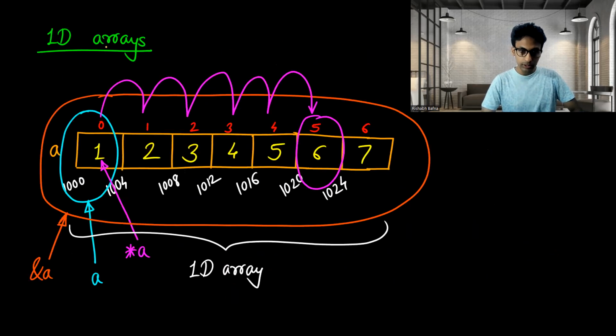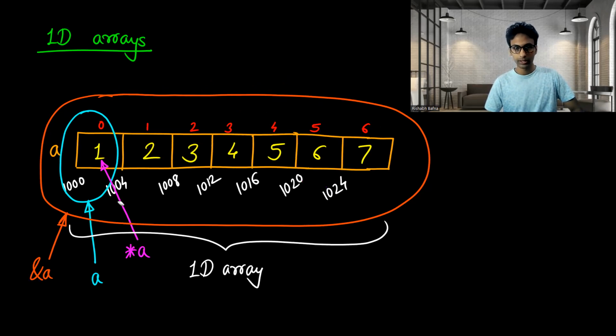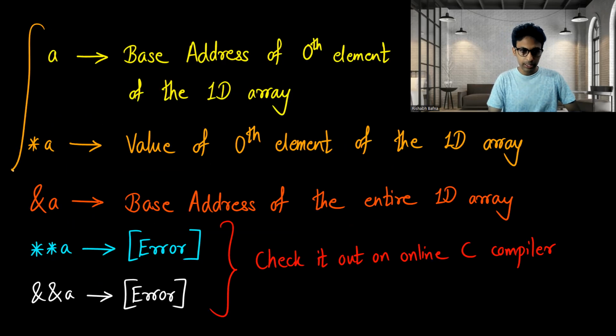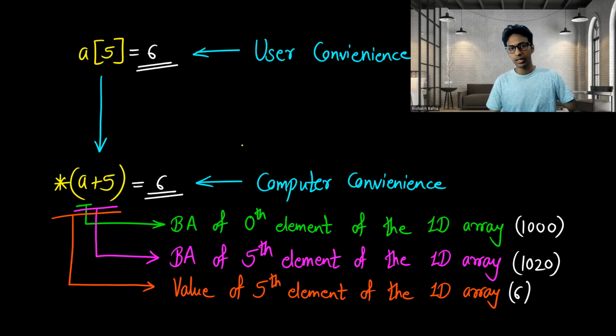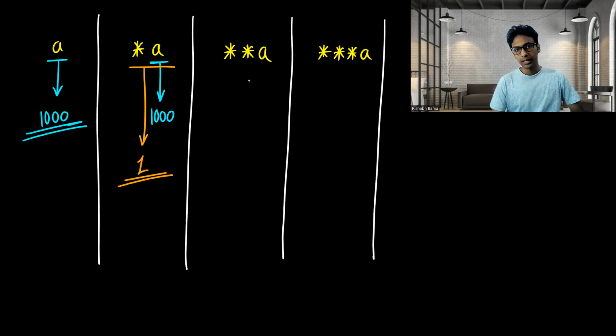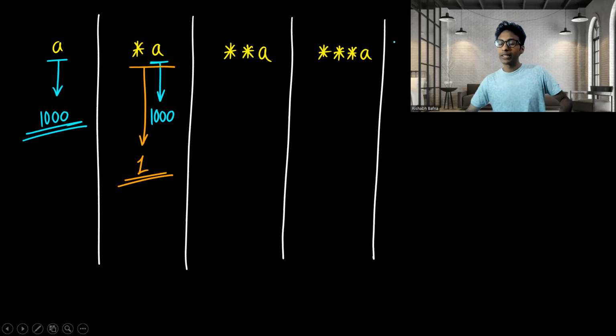Refer to this figure. This diagram is very important. I have mentioned the 1D arrays beautifully with the help of these notations and this diagram. This diagram and this convention will be very beneficial for you, so concentrate properly. A: the array name without subscript indicates the base address of the zeroth element in the 1D array.